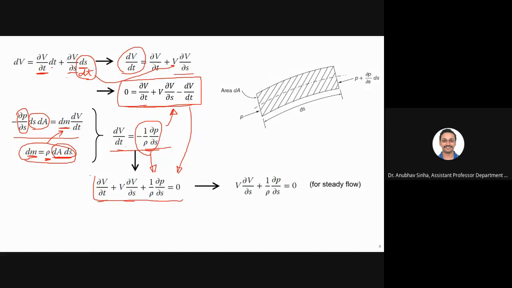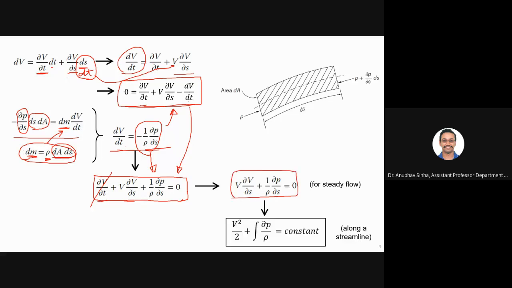Now we talk about steady flow. For steady flow, whatever is differentiated with respect to time will become 0. So we'll have v of dv by ds plus 1 by rho del p by del s is equal to 0. Or if you integrate it along a streamline, if I multiply it with ds, these two will go.